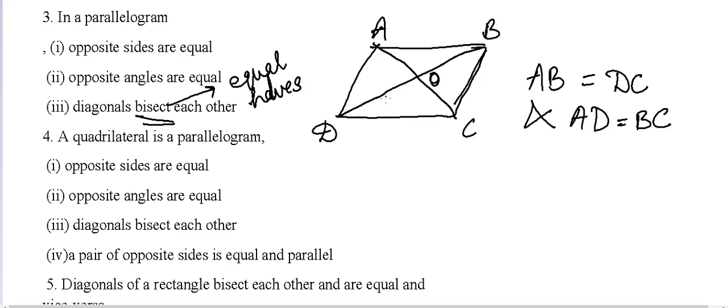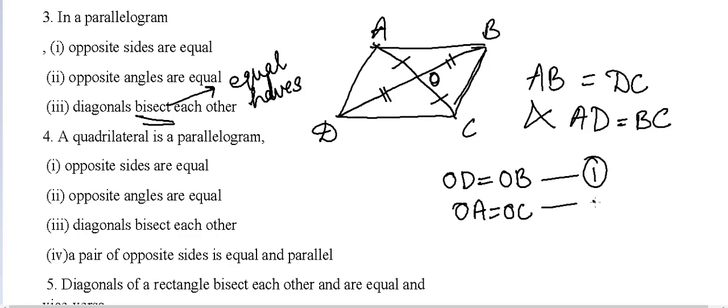then we can say OD will be equal to OB. This is the first diagonal which is bisected. Bisect means divided into two halves, and OA will be equal to OC. This is first and this is second.